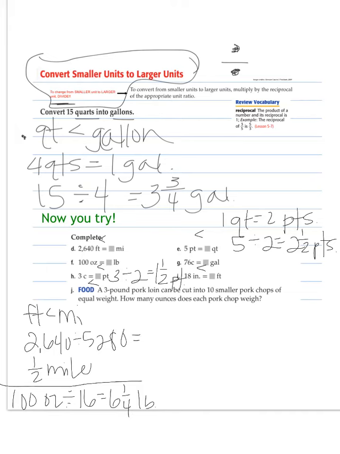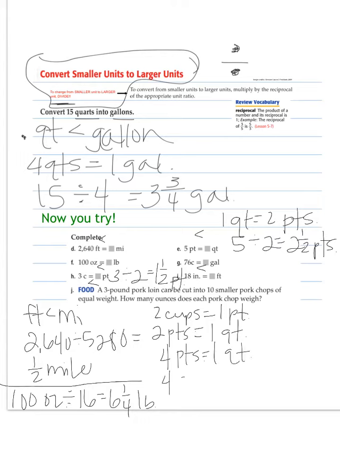I know that there's 2 cups in a pint, and if there's 2 pints in a quart, then I know that there's 4 pints in a quart. And if there's 4 quarts in a gallon. Then I know that there's 16 cups.